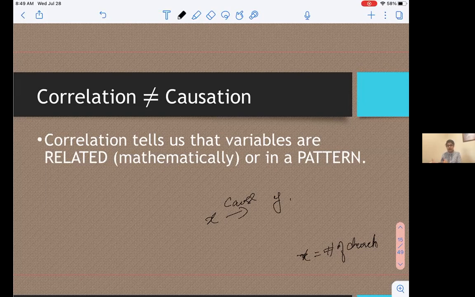Inversely, if this is the cause, then the two will be correlated to each other. But correlation doesn't necessarily mean that there is causation.